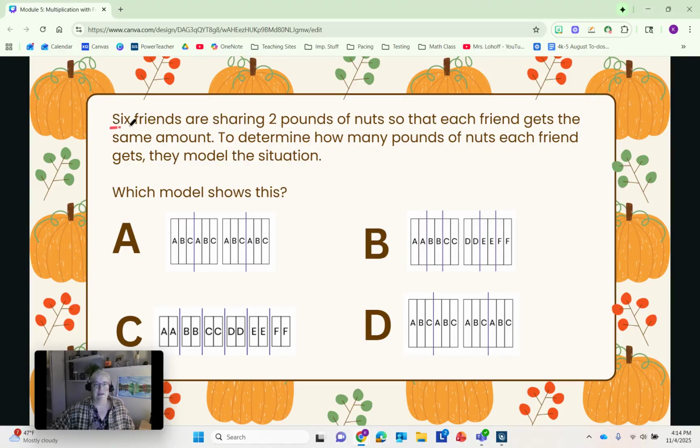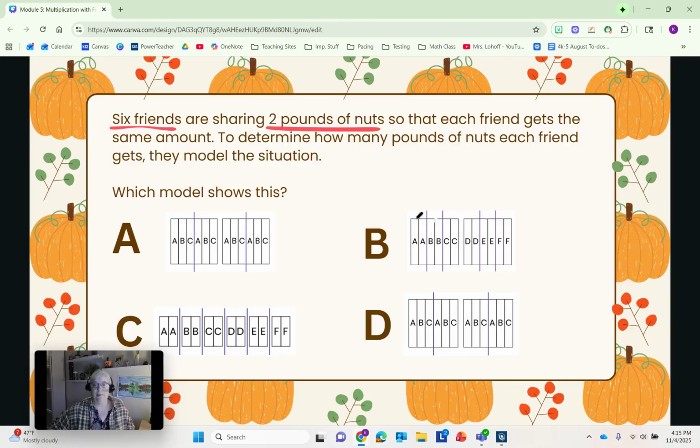So we have 6 friends, and they are sharing 2 pounds of nuts. So if you were to draw it out, how would you draw it? Well, first you would show 2 pounds of nuts. A has 1 pound drawn here and 2 pounds here, so it could be A. B also has 2 pounds drawn.